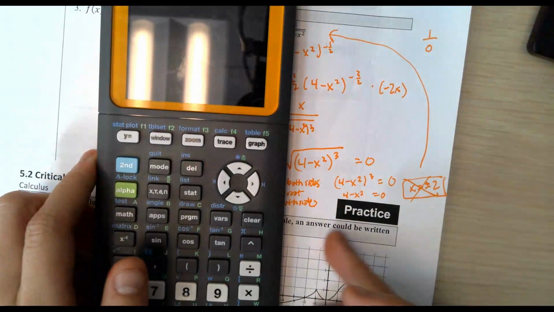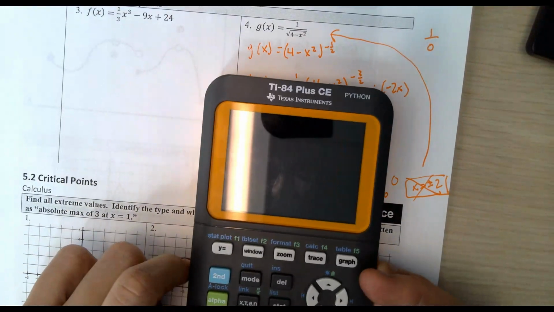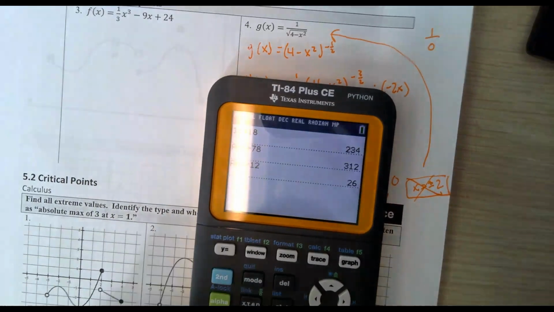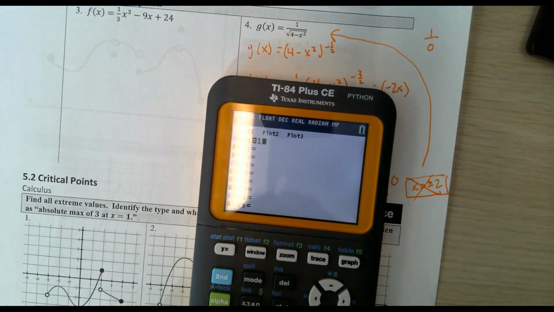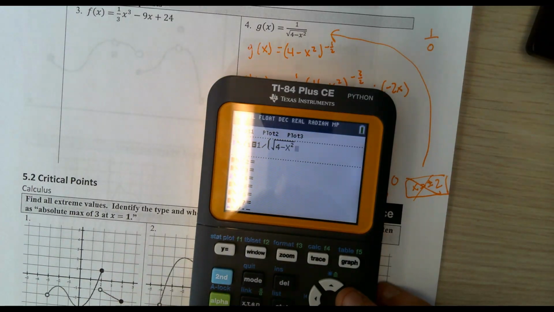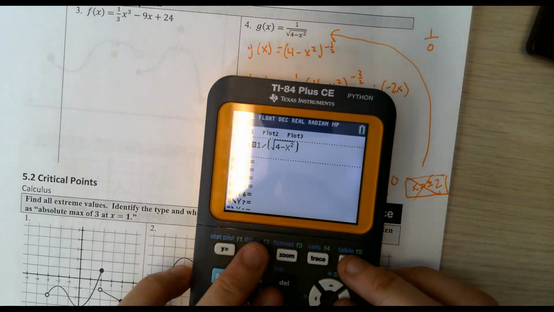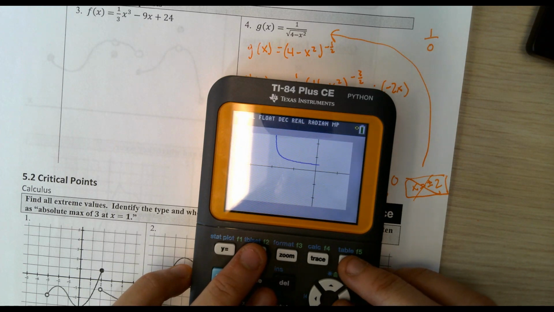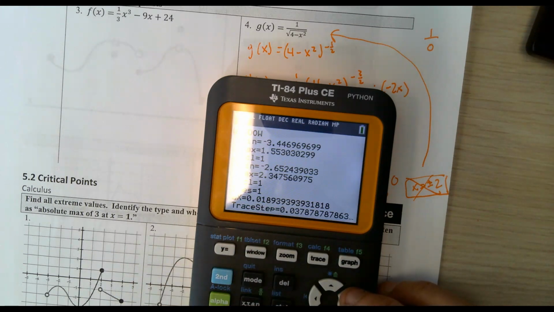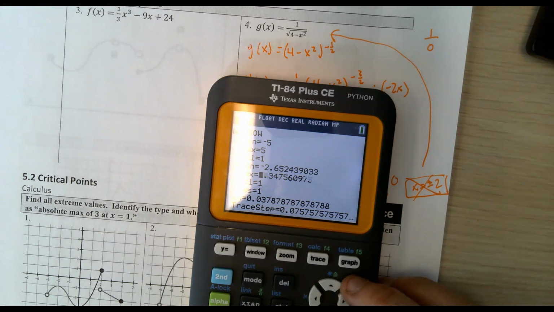And if we look at the calculator, one over the square root of 4 minus x squared. Let's change that to negative 5, 5, negative 2, 10.